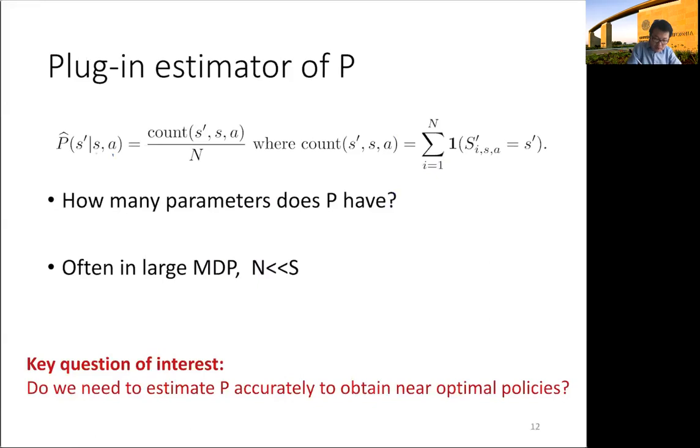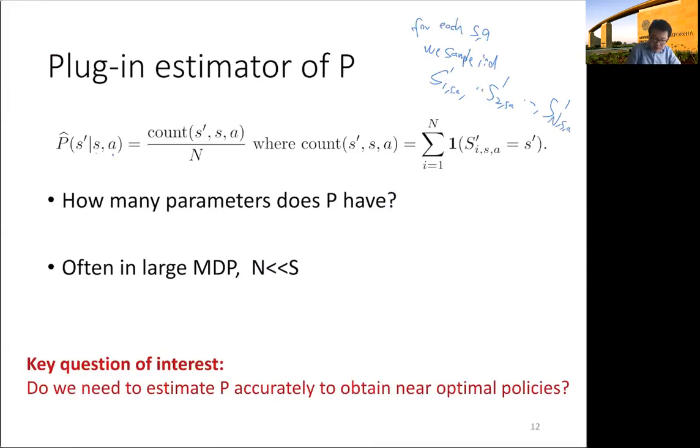Okay, so you can alternatively write it as a random variable. Let's say that for each S, A we collect, we sample IID S prime 1, S A, S prime 2, S A, to S prime N, S A, right? These are the samples that you got from the simulator.